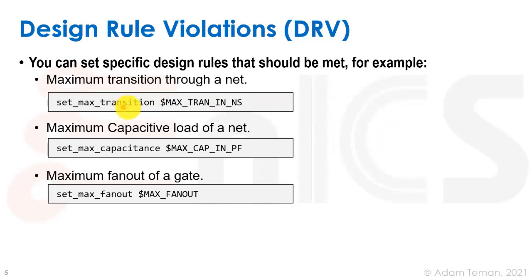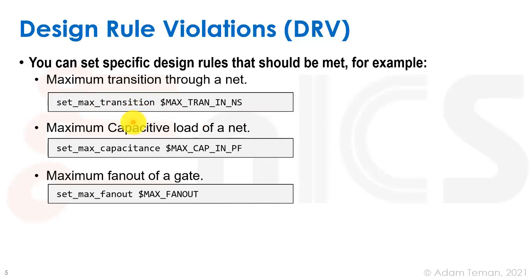So we never want to violate the maximum transition of the lib, though we can override these, hopefully making it harder to meet rather than easier. Maximum fan out is just kind of a nice to have thing that helps us with meeting our max capacitance and max transition violations. However, when we talk about clock tree, we have another set of these types of DRVs.